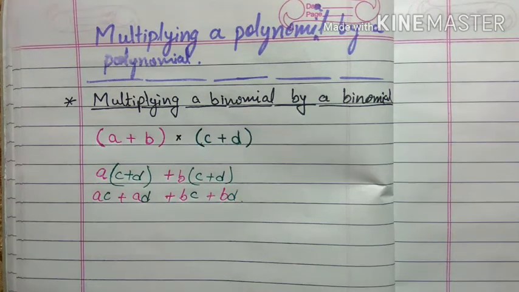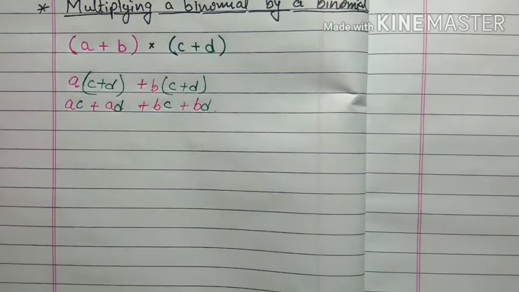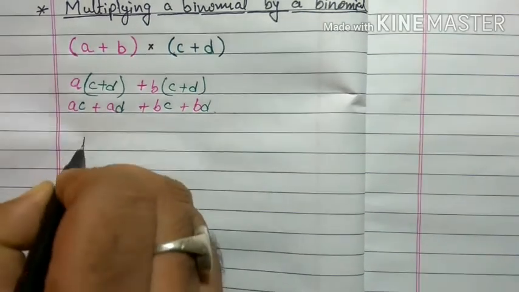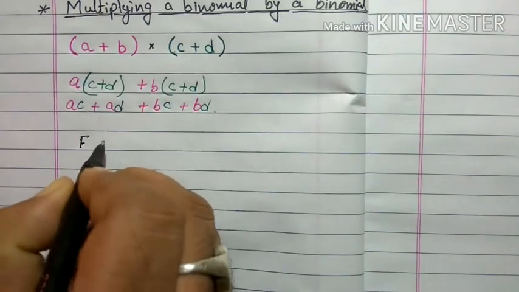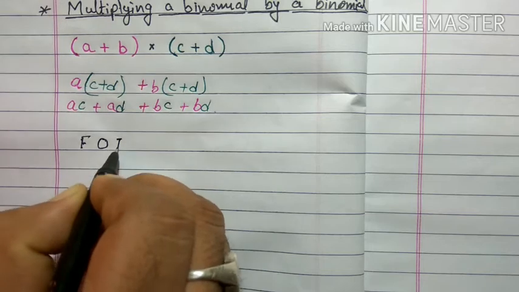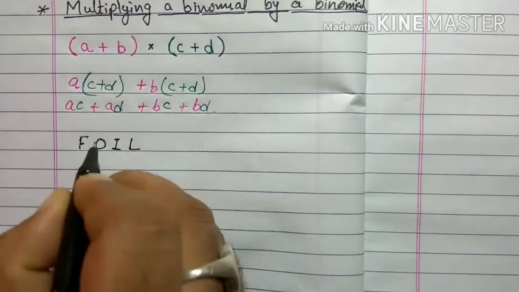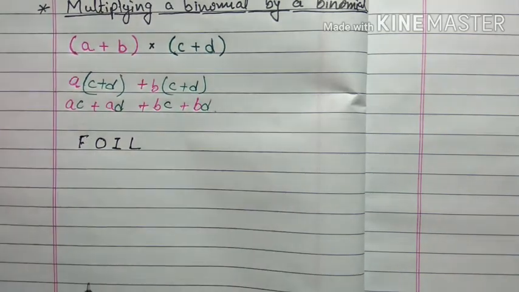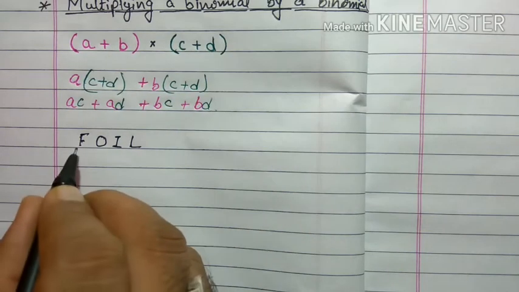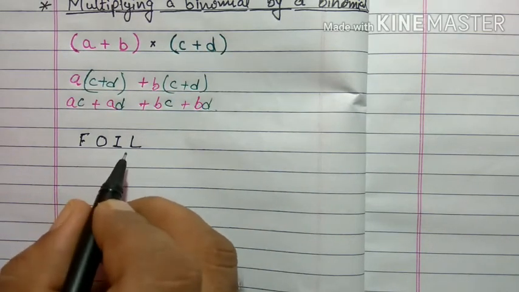Okay, one more simple way of multiplying binomials. We are using the FOIL method. So what is the meaning of FOIL? FOIL means first, outer, inner, last.